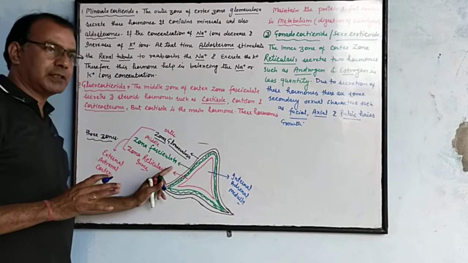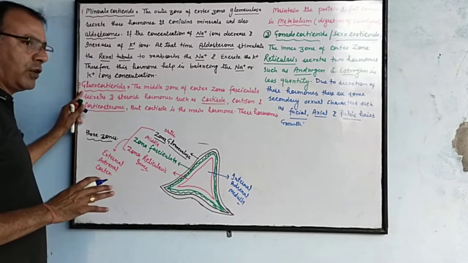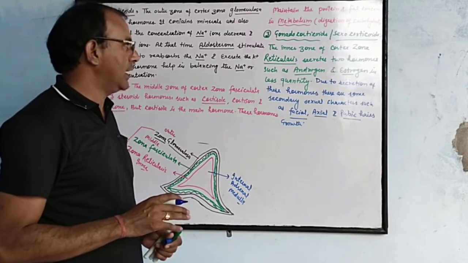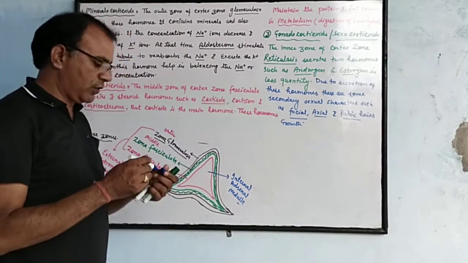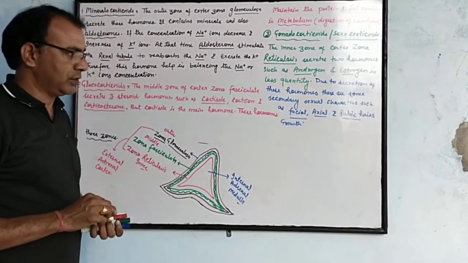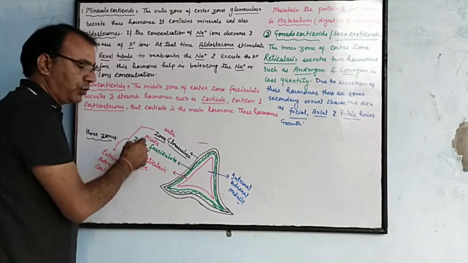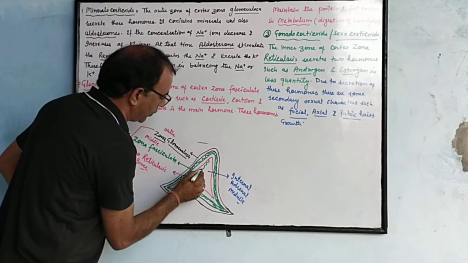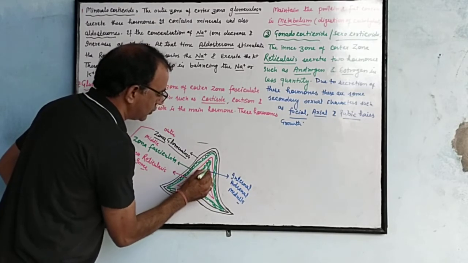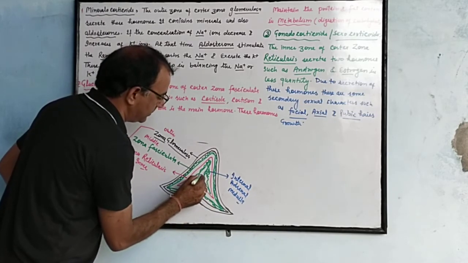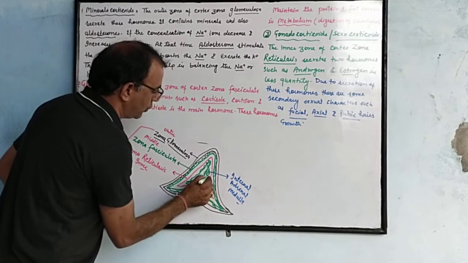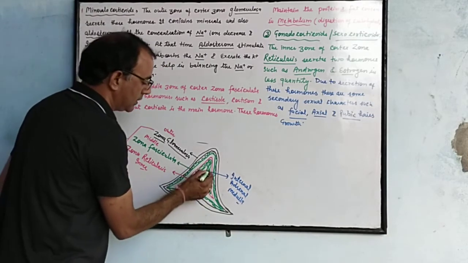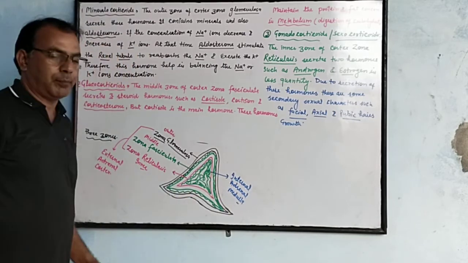Mineralocorticoids are the outer layer secretion; glucocorticoids, the middle layer; and the innermost layer, known as zona reticularis, secretes the gonadocorticoids or sexocorticoids.